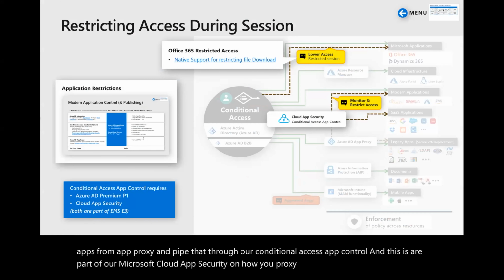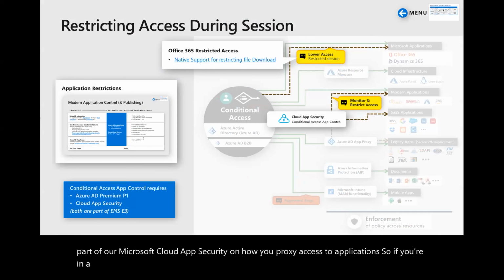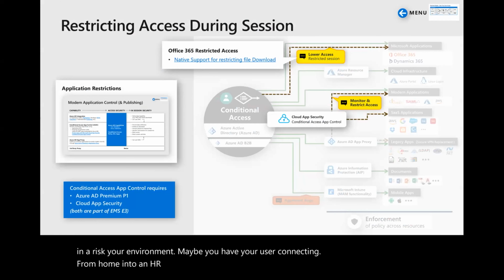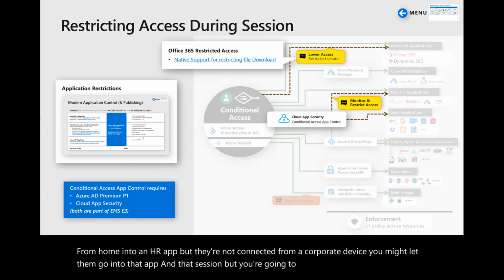So if you're in a riskier environment, maybe you have a user connecting from home into an HR app, but they're not connected from a corporate device, you might let them go into that app and that session, but you're going to restrict their access and monitor what they're doing a little bit closer.